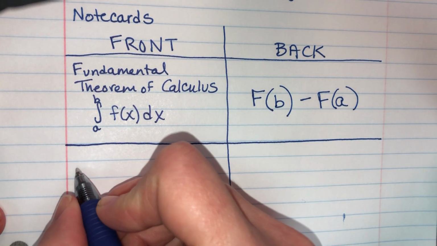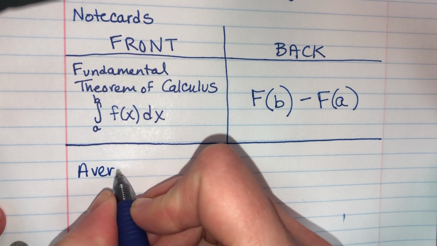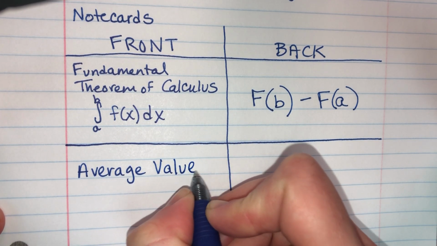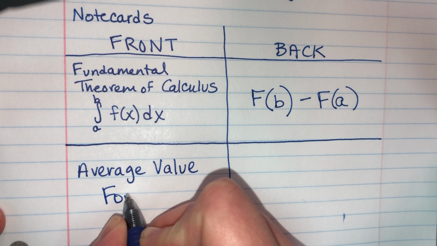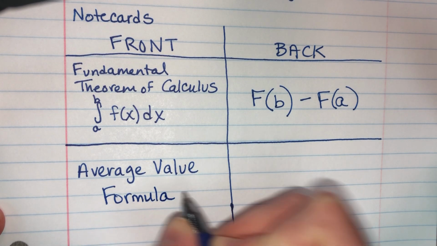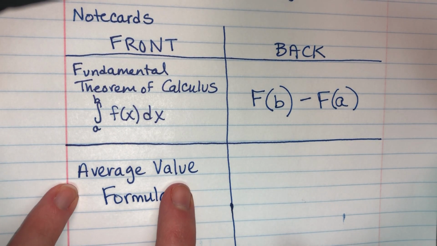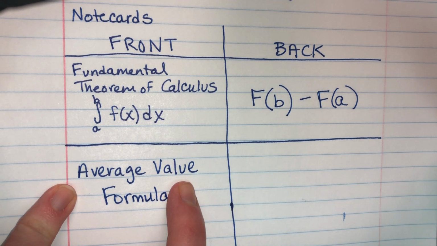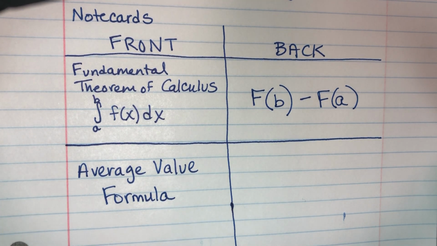So that's how you can calculate definite integrals, and that was the topic of discussion last time. So then we also have a new formula which is called the average value formula. And the average value formula is used to find the average value of a function. You know how averages, like your grade average, is found by adding up all the numbers and dividing by the number of numbers?